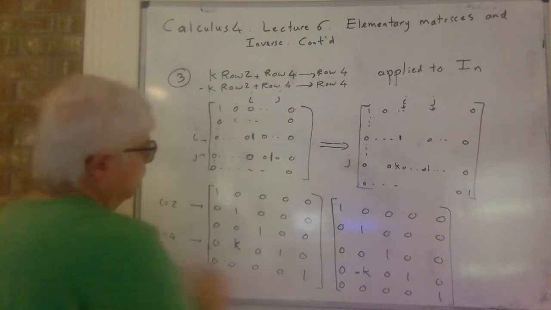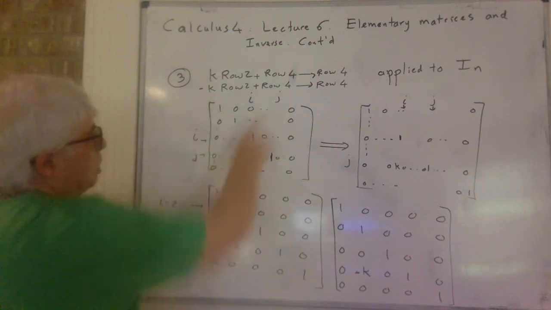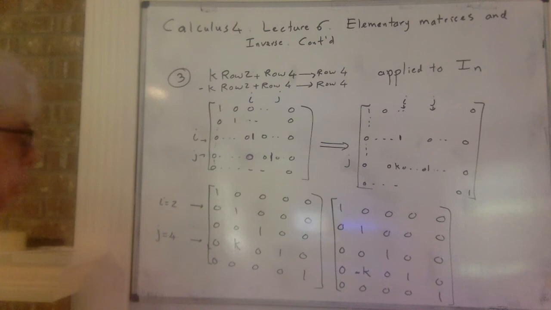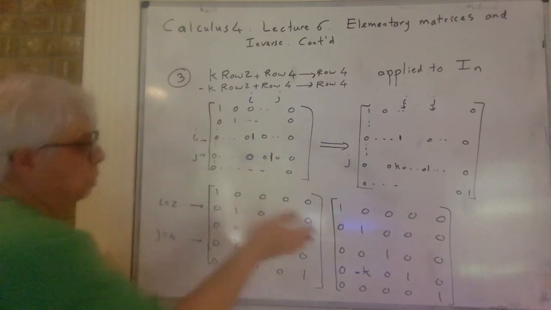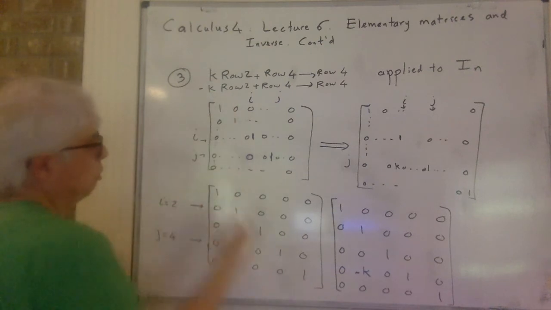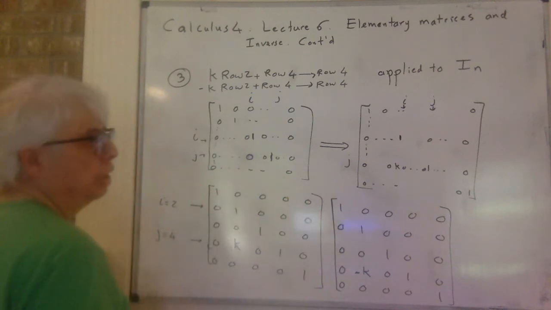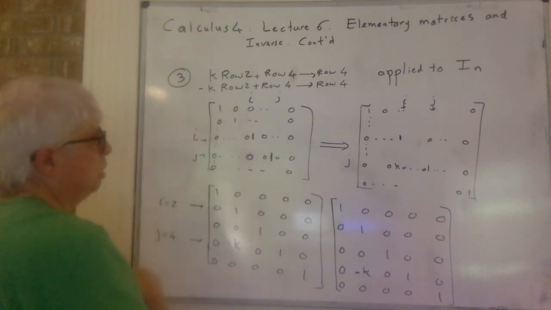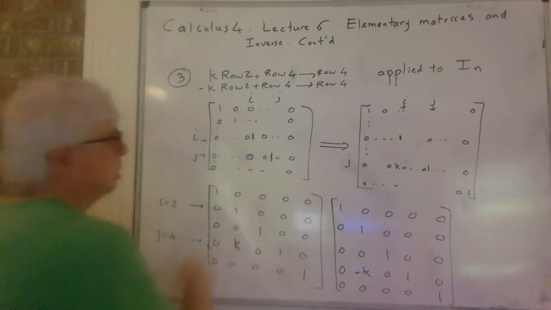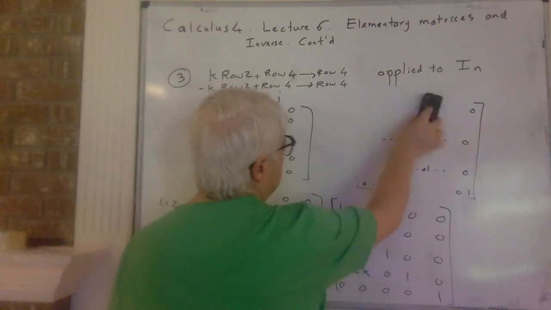After applying this, I will get this matrix from I5, and I will get this after applying the row operation to I5 again. I said if I apply this row operation to this matrix, I will get In. Now I'm trying to say that if I multiply this by this matrix, I will get In again. So either applying this to this matrix or multiplying this by this matrix, I will get I5 in this case.